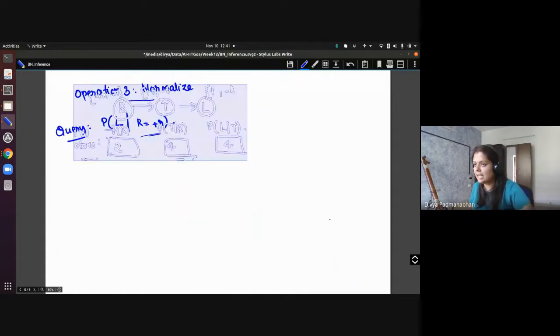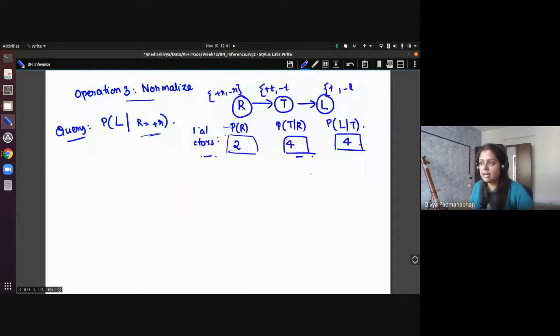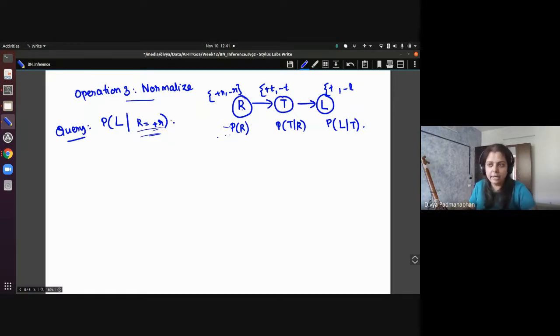But since the query is L given R equal to plus R, these are the tables that the Bayes net gives you, and since you're only interested in R equal to plus R, you just pluck out some part of these tables.